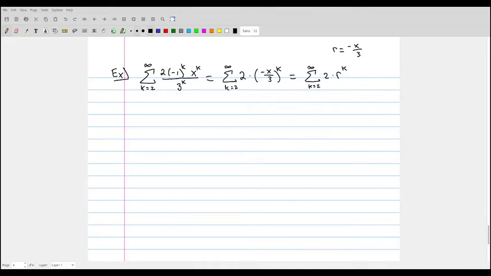So we have to be careful here because this is starting at k equals 2. We have to remember that, and remember that if we call S the sum, the same sum starting at k equals 0, this is going to converge to 1 over 1 minus r when the absolute value of r is less than 1.